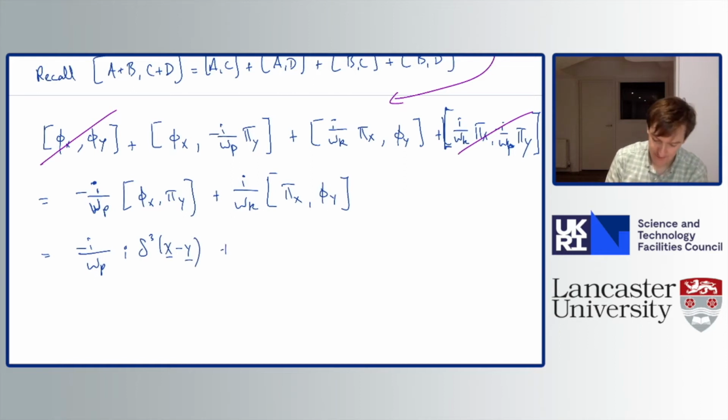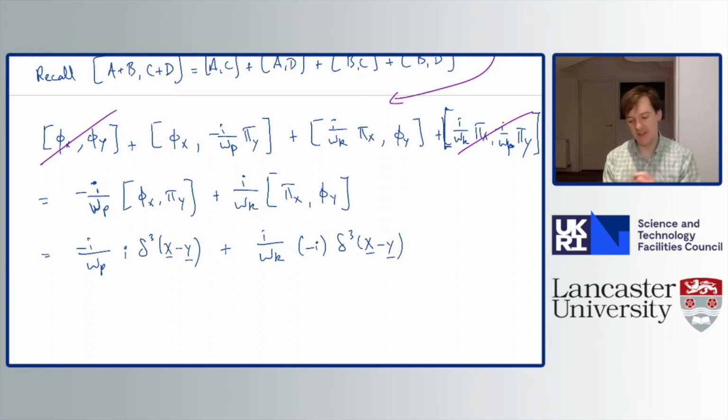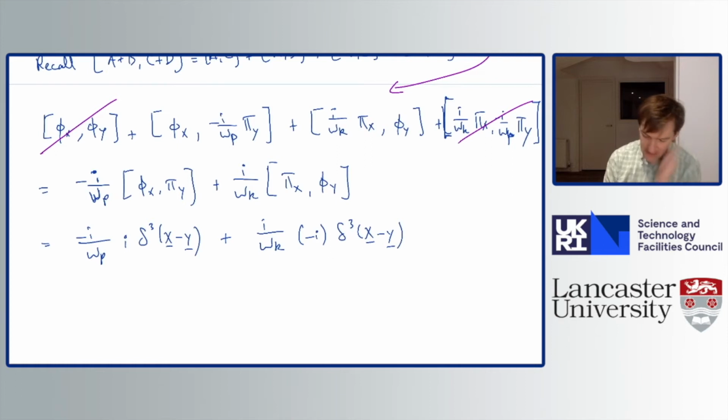For the second term, because the commutator order is swapped, we'll get a minus I factor, and I'll still write it as delta 3 x minus y. The delta function doesn't care if it's x minus y or y minus x. We can simplify this a little, because minus I times I is 1, and we have that in both expressions.